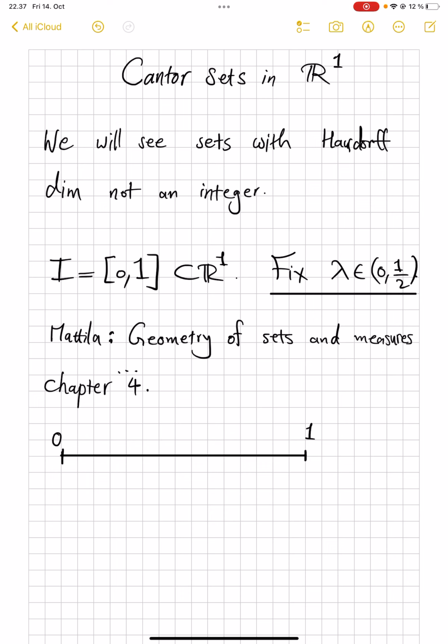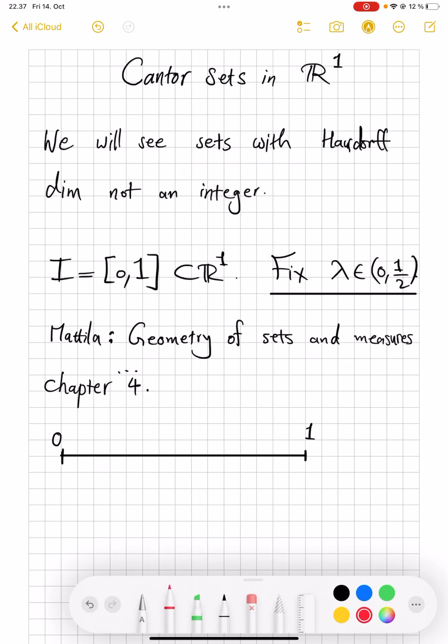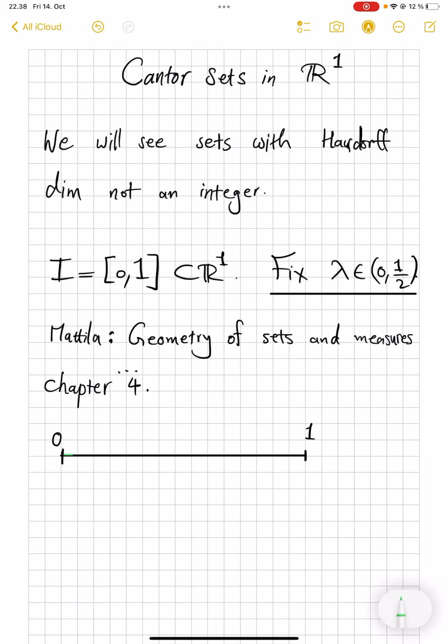You will remove from your interval a central subinterval, so that the remaining two intervals, from here to here, each will have length lambda.